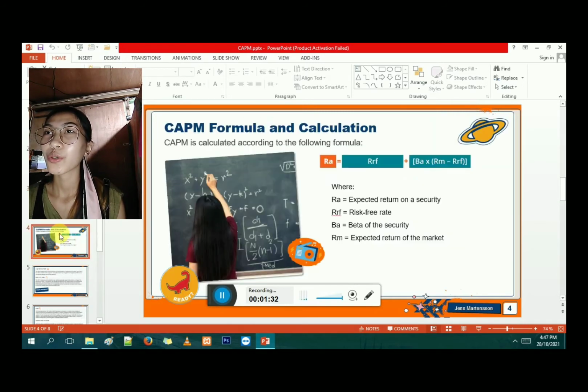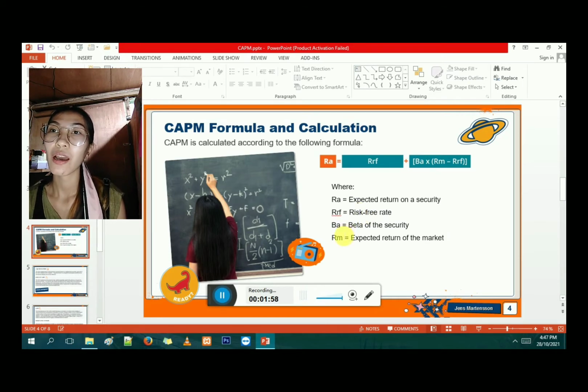Now I will show you the CAPM formula and calculation. Here is the formula of CAPM: RA equals RF plus BA times (RM minus RF). RA stands for the expected return on a security. RF is the risk-free rate.